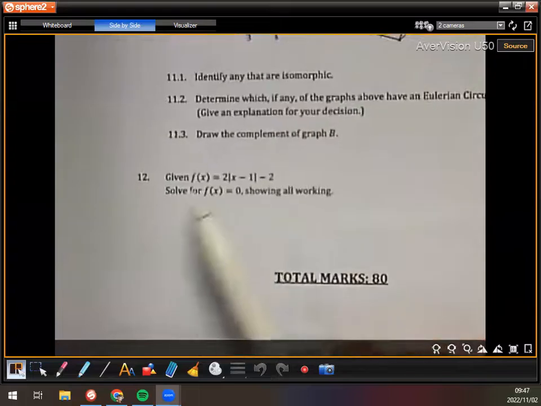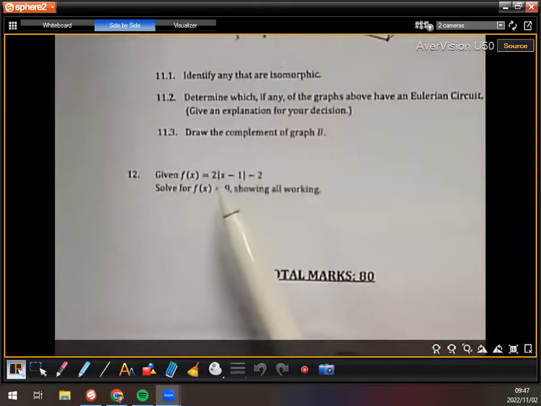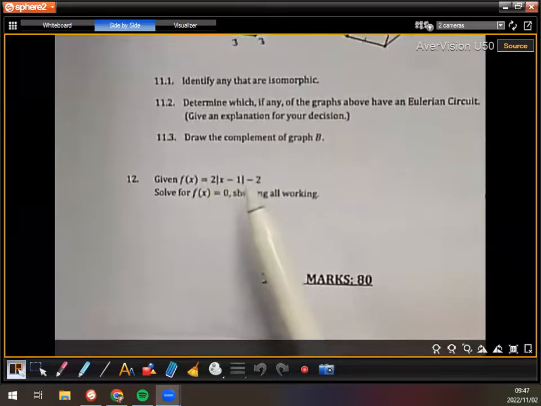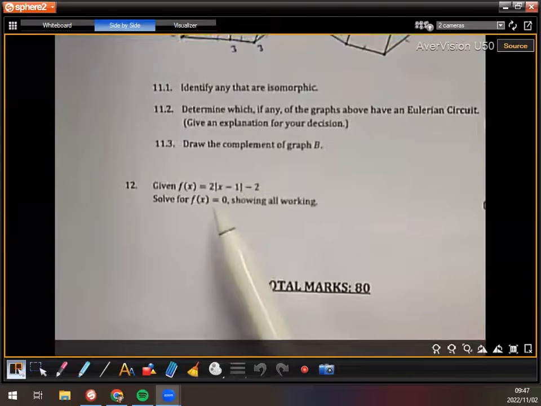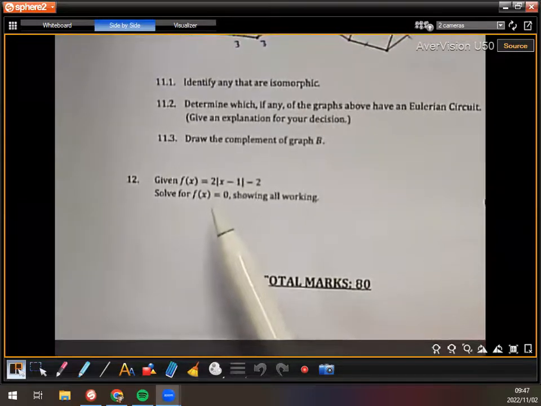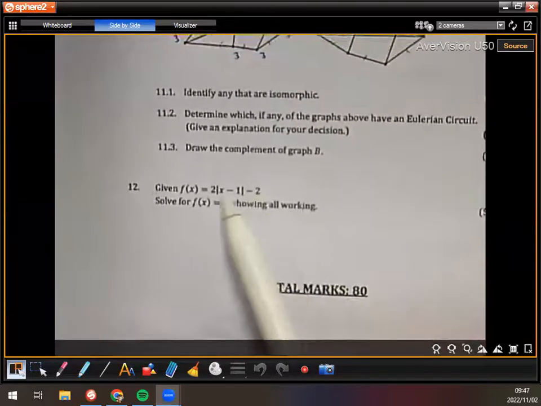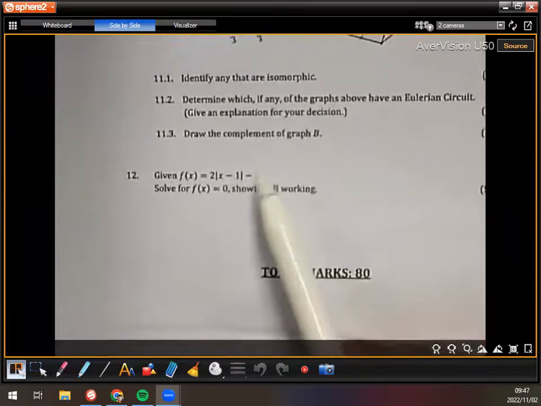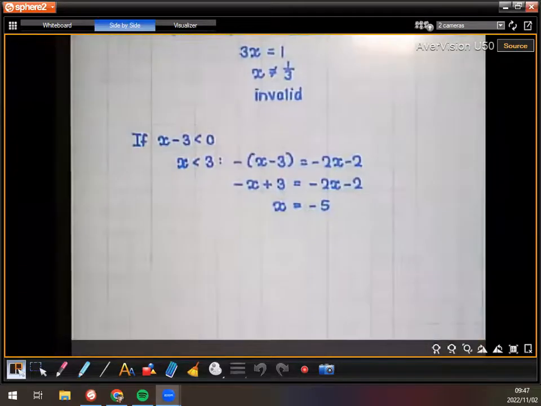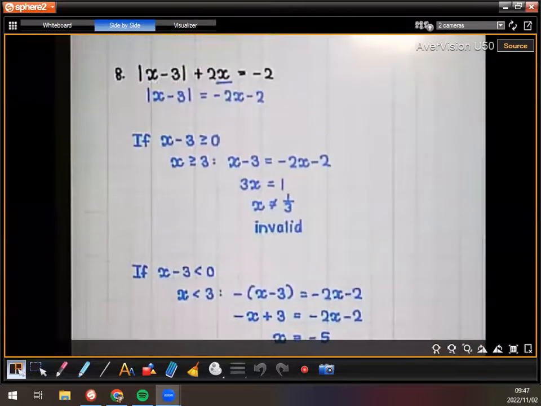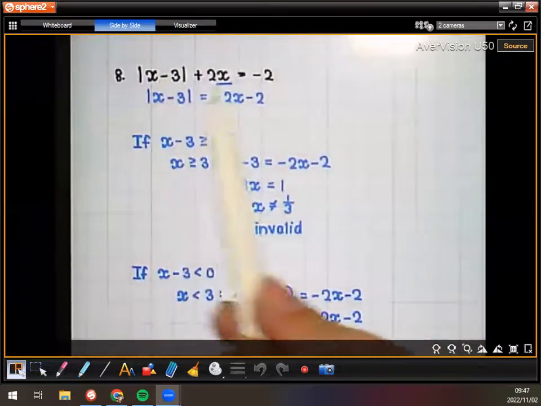It uses function notation, right? But it's just saying that this is a function, and now you can make that equal to 0 and solve for x. So what I mean by there are no x's is there isn't another x term. It's not like this one here where you have the x in your absolute value and then another x term. It's actually like this example.